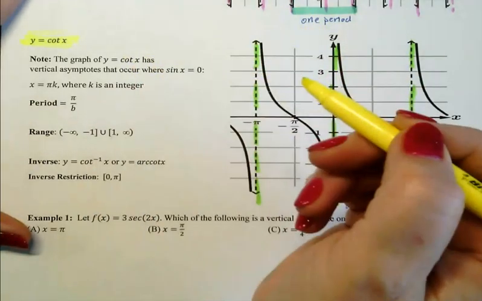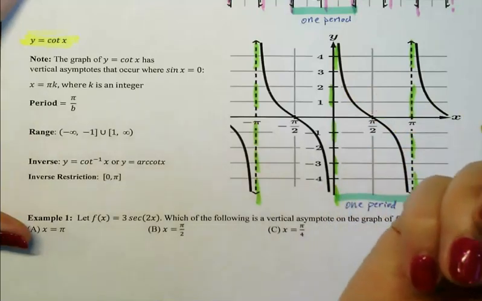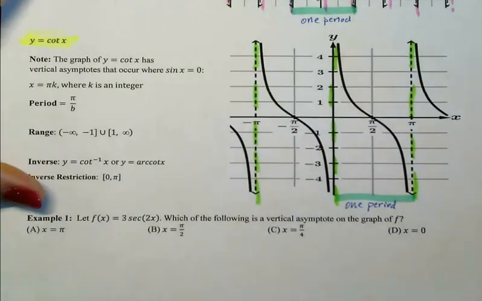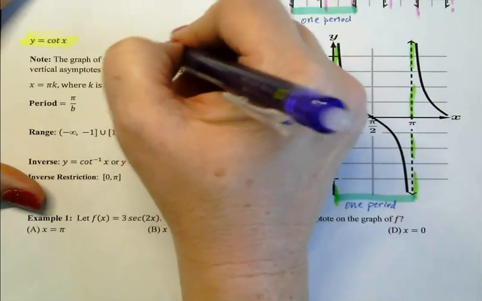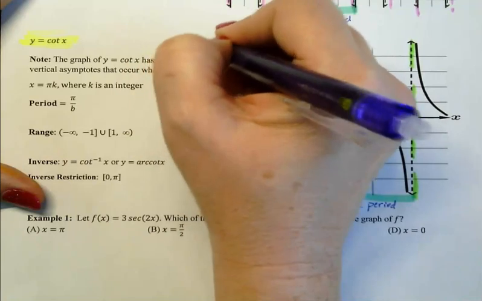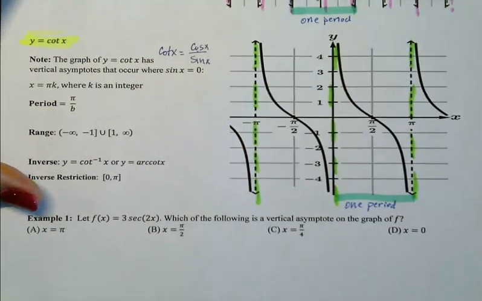In this case, cotangent, it's a vertical asymptote and it occurs when sine is equal to 0, because remember, cotangent of x is cosine of x over sine of x. Okay, so that's why we're using this one.